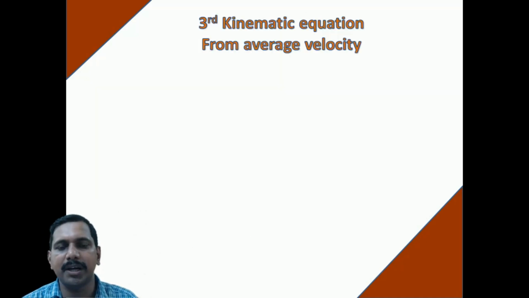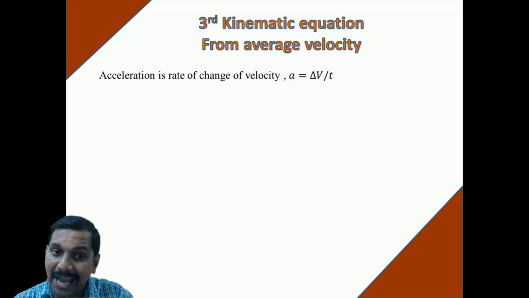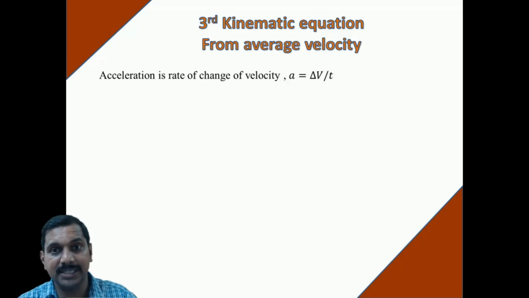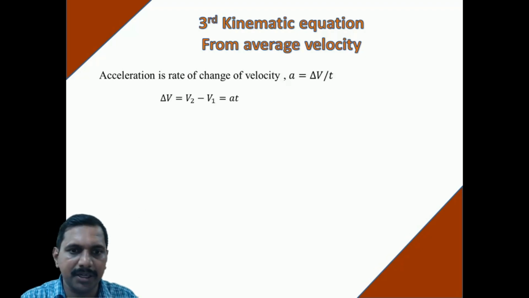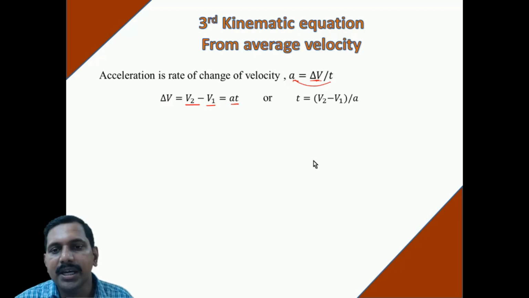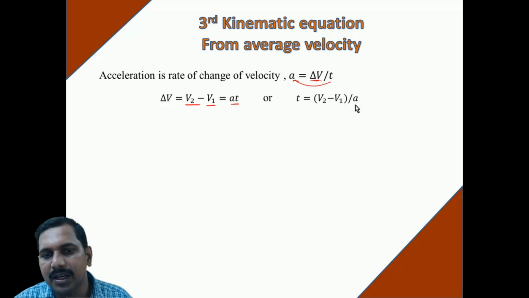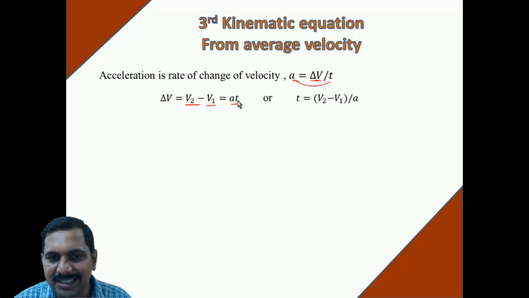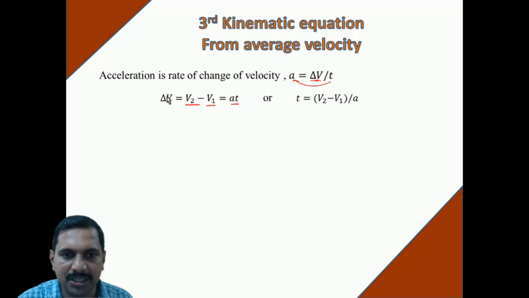So students, now we will get the third kinematic equation from average velocity. We know acceleration is nothing but rate of change of velocity, that is a is delta v by t, right? Now delta v can be written as v2 minus v1, that is equal to a into t, right? Or we can write t is equal to v2 minus v1 divided by a. We have just taken this t to the left hand side denominator.